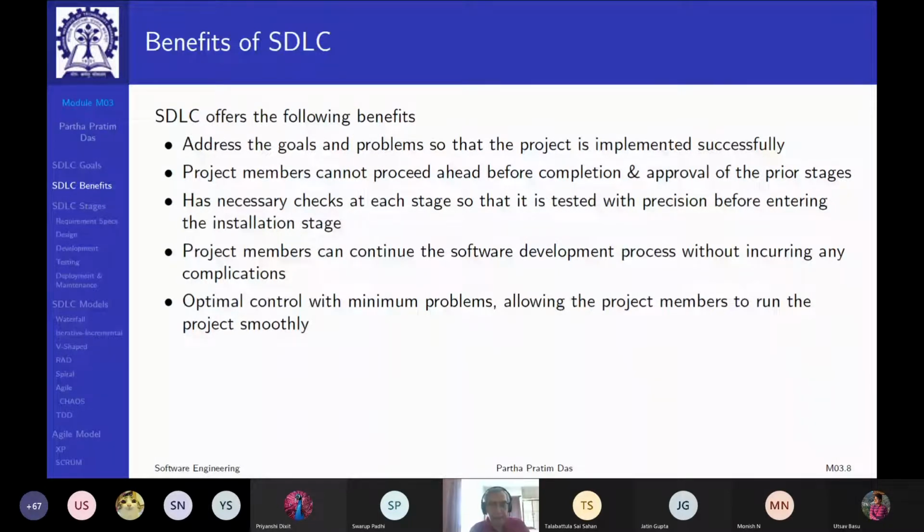It has necessary checks at every stage so that those checks can be tested, even measured at times before you go into the final installation stage. The complications are minimized. Optimal control with minimum problems is the primary benefit of following SDLC.